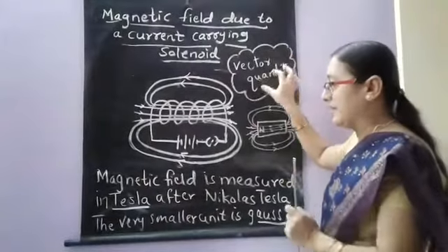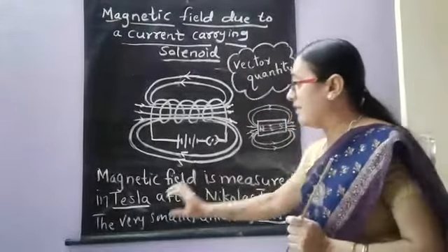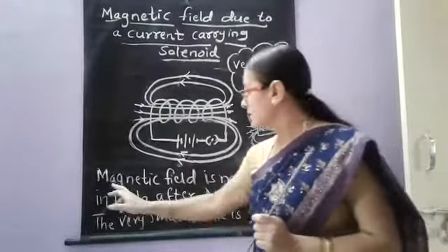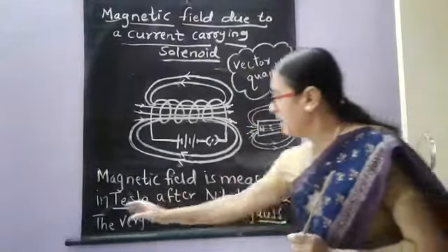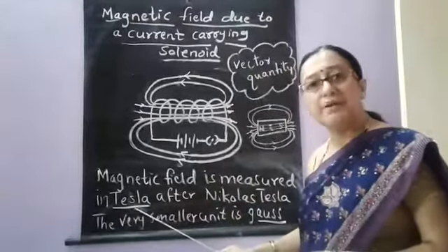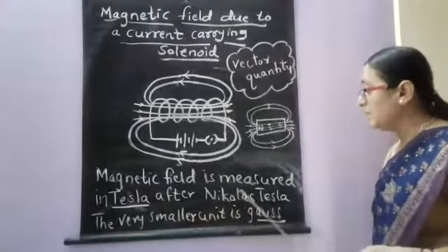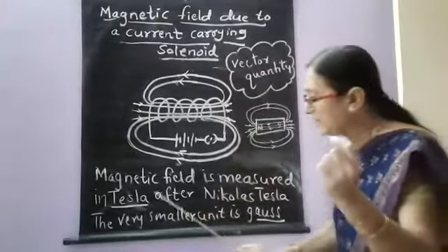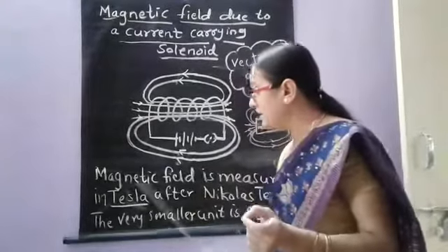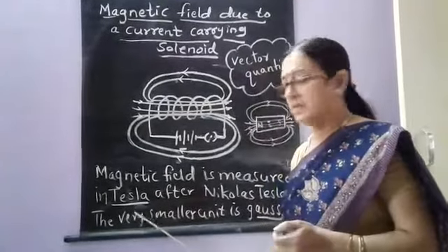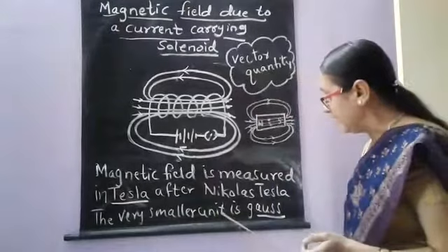When anything is a vector quantity, it will have a unit. So the magnetic field is measured in Tesla. Tesla is the unit to measure the magnetic field, named after the scientist Nikola Tesla. Tesla is the bigger unit, and the very smaller unit is Gauss.